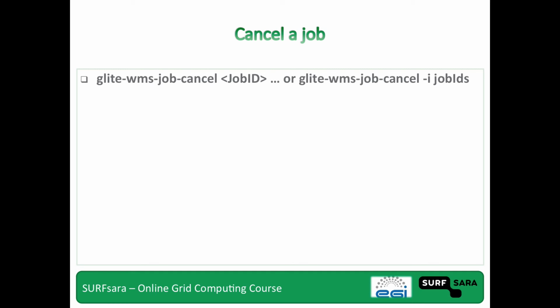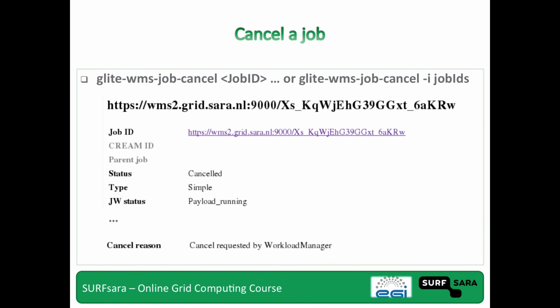In this case you can cancel multiple jobs at the same time, or if you just want to cancel the one job, you just specify the identifier of the job that you want to see cancelled. You can then also see the job status online, as we've shown in the previous screencast, and you will see that the status becomes cancelled.